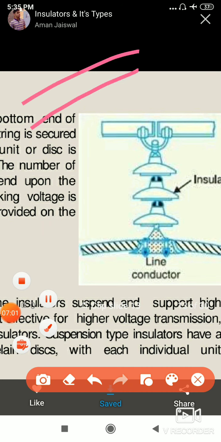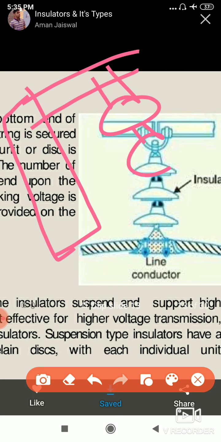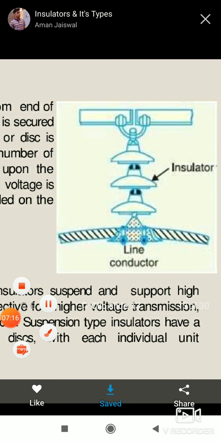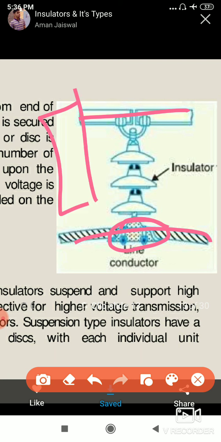This is your cross arm, where your pole is going to be connected, and you put your discs like that. Your conductor is connected at the bottom of the suspension type insulator. This is the conductor and this is the cross arm where your pole is. So these types of insulators we call suspension type insulators. Suspension is nothing but hanging, వేలాడతీయడము, that means horizontal, not vertical.